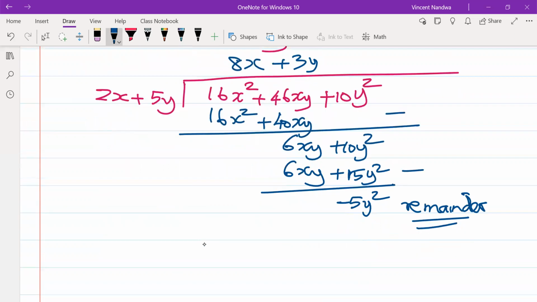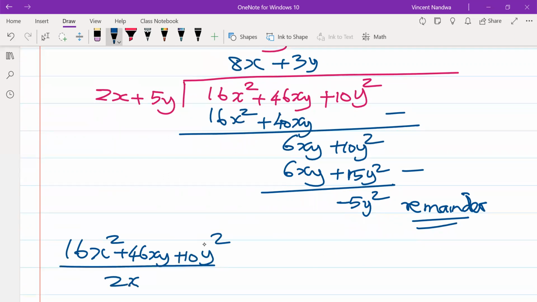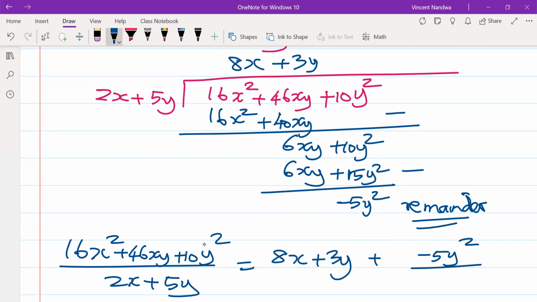Therefore, 16x squared plus 46xy plus 10y squared over 2x plus 5y is 8x plus 3y plus minus 5y squared divided by 2x plus 5y.